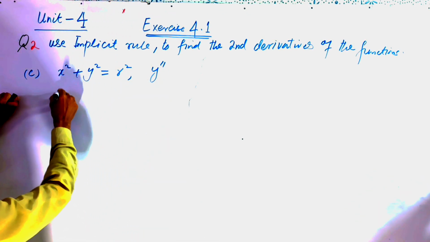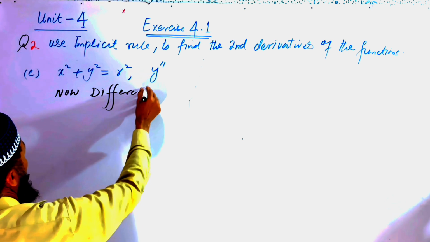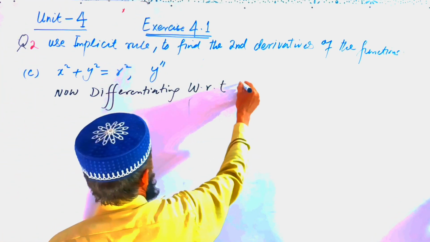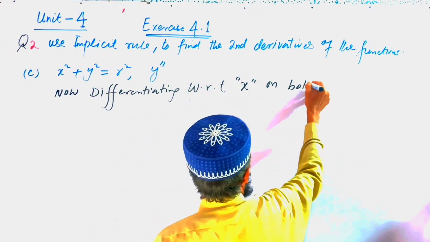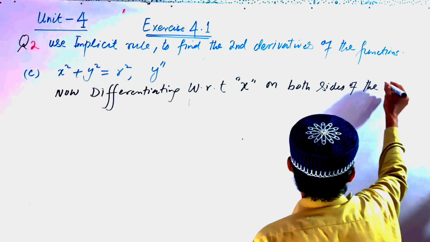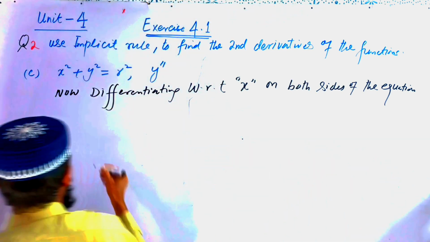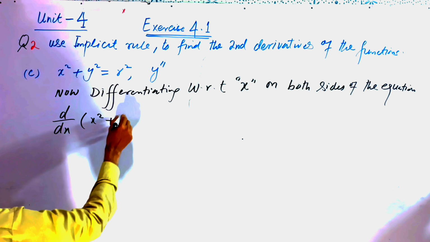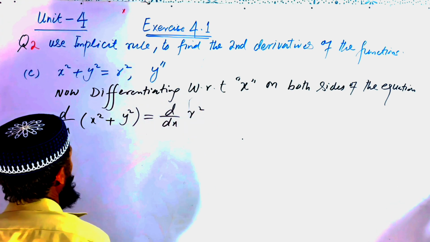Now differentiating with respect to x on both sides of the above equation, d by dx of x square plus y square is equal to d by dx of r square.